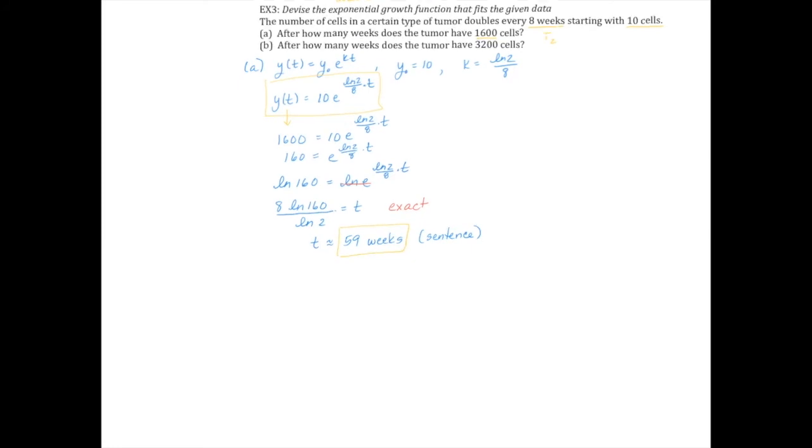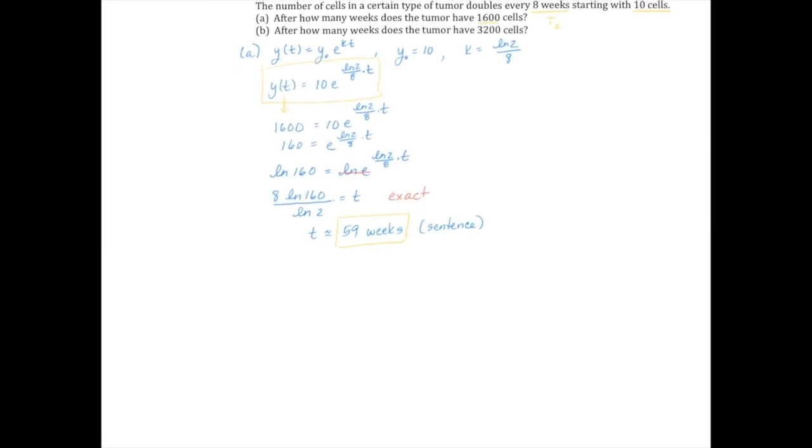All right, so now looking at B, it says after how many weeks does the tumor have 3,200 cells? So you would think that if it goes from 1,600 cells to 3,200 cells, since the cells double, the time doubles, but that's not true because this is not a linear function, this is an exponential function.